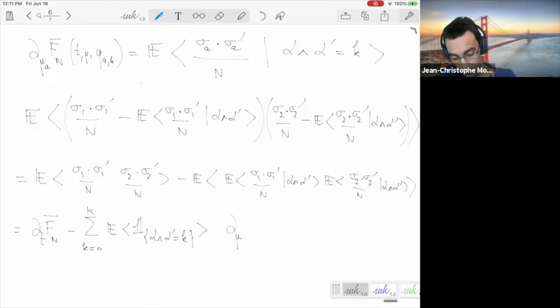D mu 1 fn bar of t mu q1 k d mu 2 fn bar of t mu q2 k. Okay, and again, this is zeta k plus 1 minus zeta k.